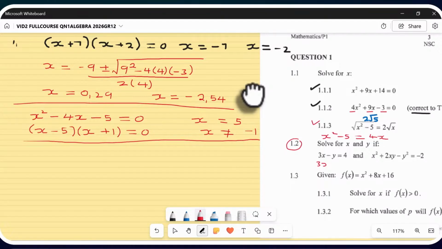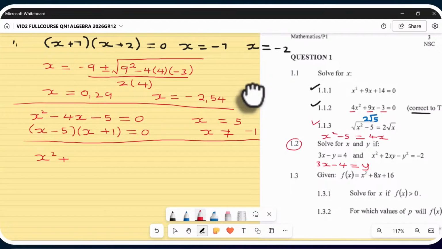So I'm going to say here x squared plus 2x, open brackets, y is 3x minus 4, where there is y in it.